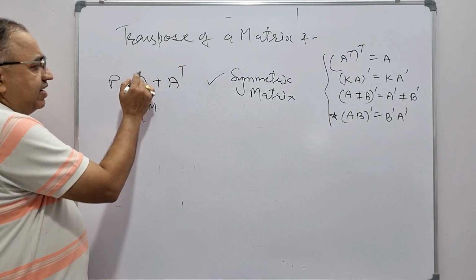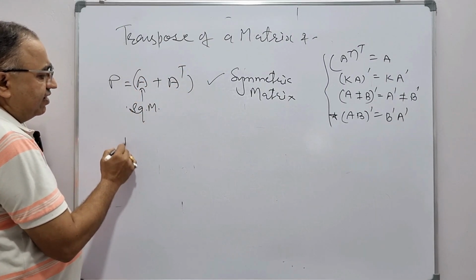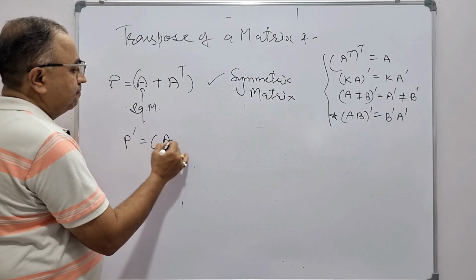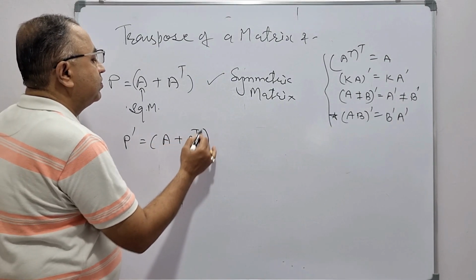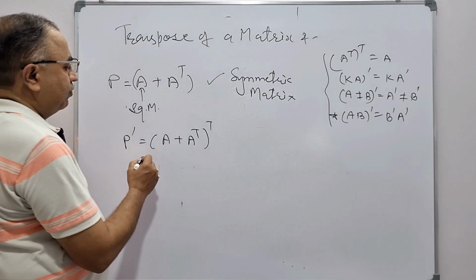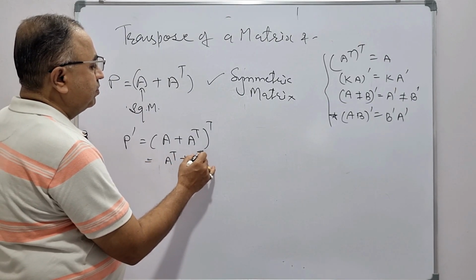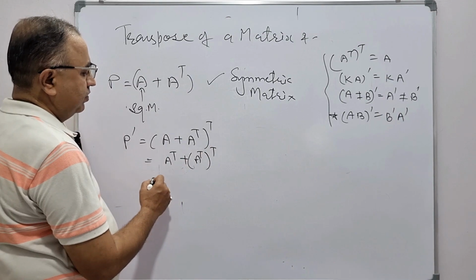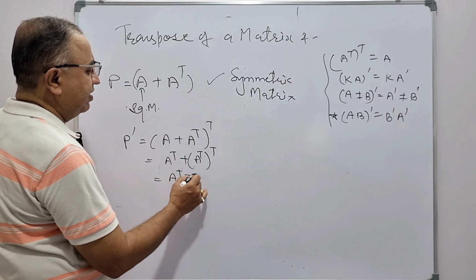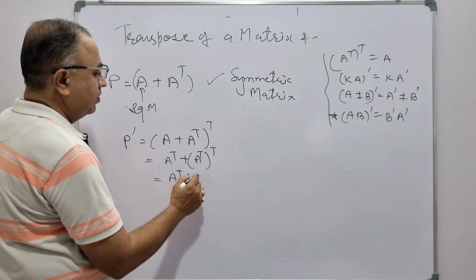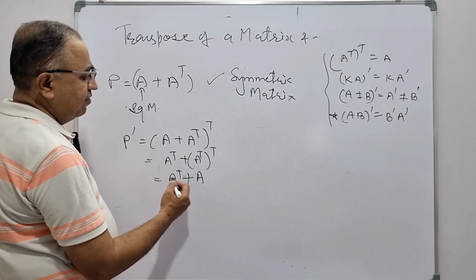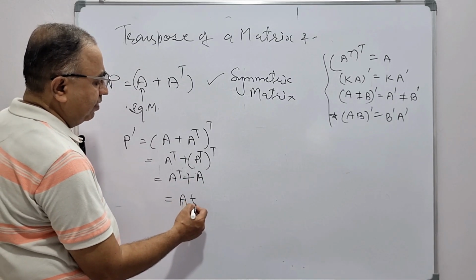Now to prove that the result is always a symmetric matrix, let's find its transpose. We know that the transpose of a sum is the same as the sum of the transposes. And double transpose is the matrix itself. So A plus B is the same as B plus A, the commutative property is applicable here.